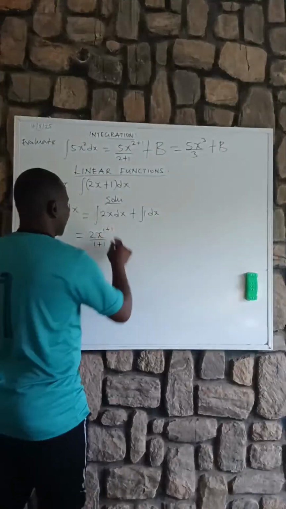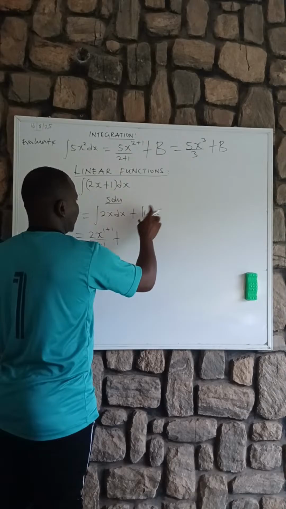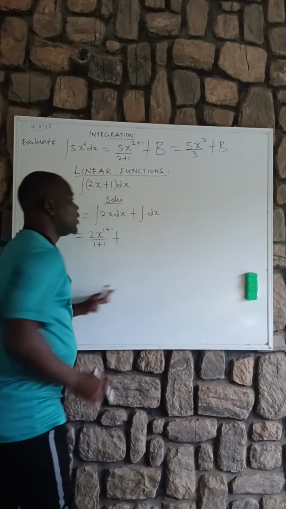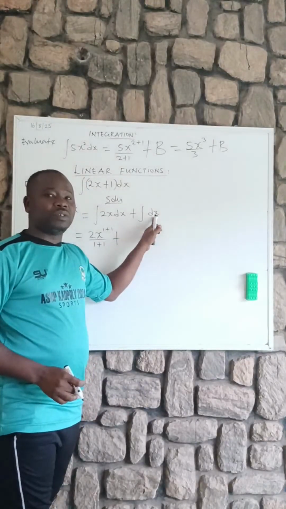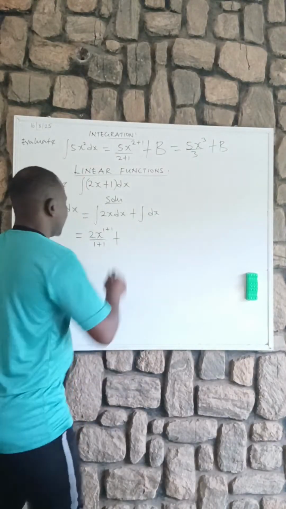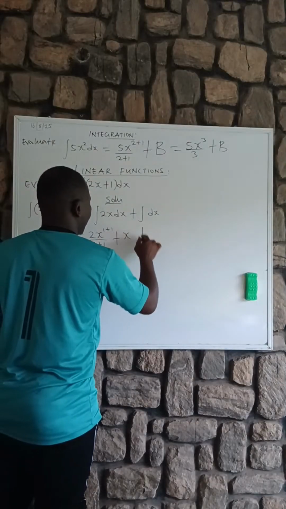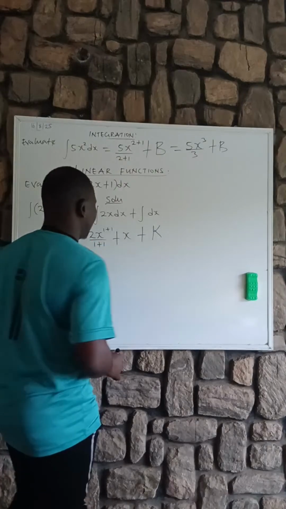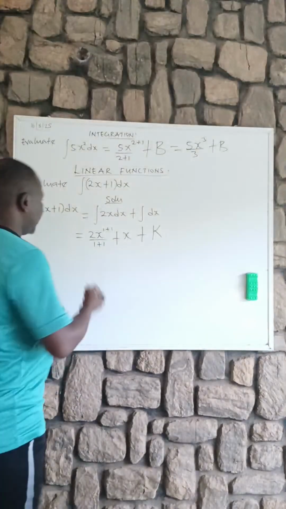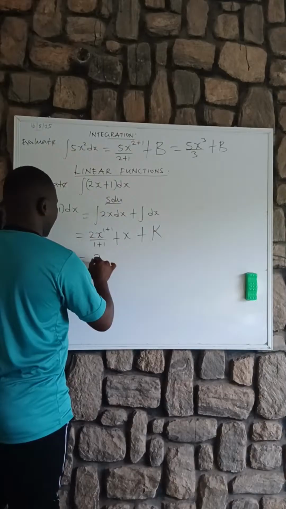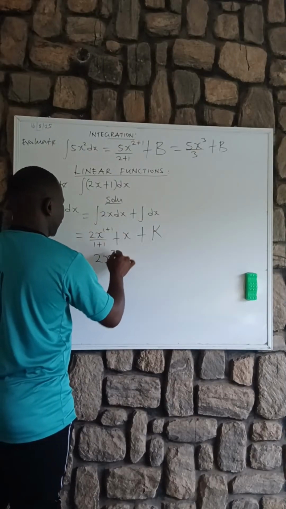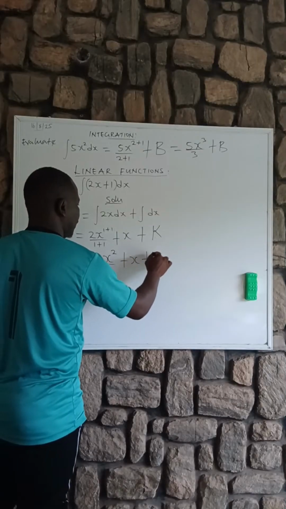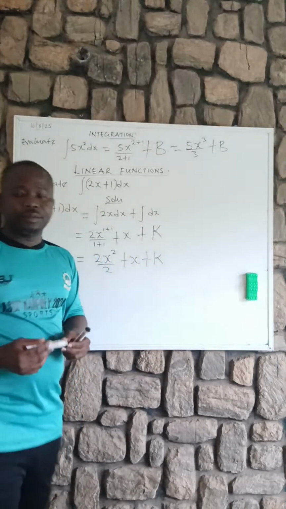Then plus 1 times dx is the same thing as dx, true or false? So if you integrate dx, what are you supposed to have? x, true or false? So here will be x plus any constant, either k or d or b. So the final answer will now be equals to 2x raised to the power of 2 all over 2 plus x plus k. Amen? Any question?